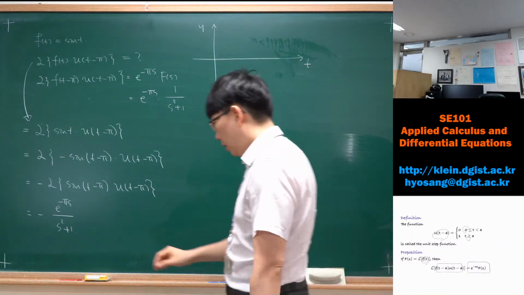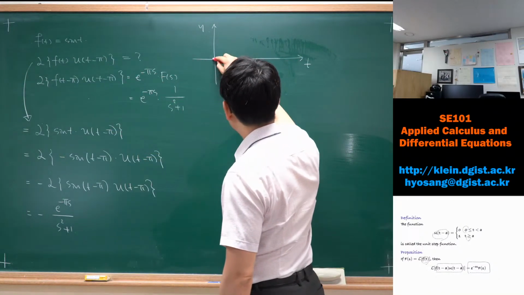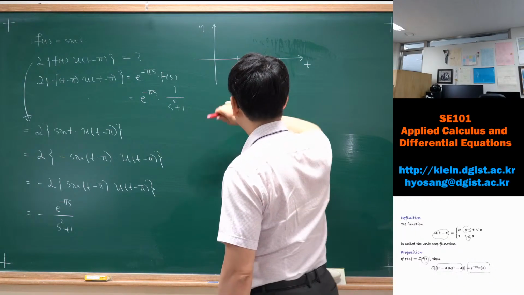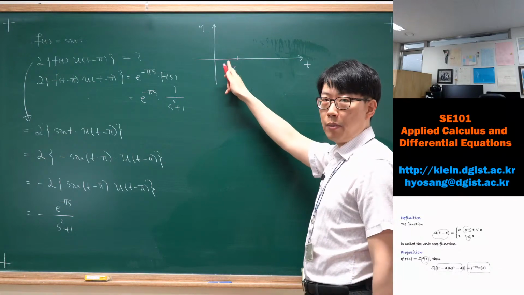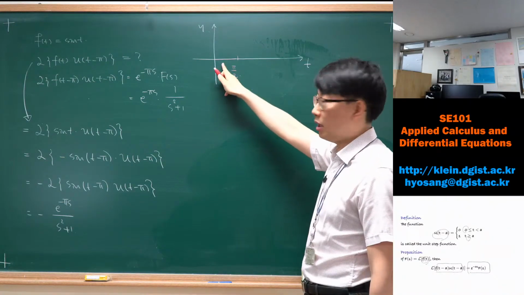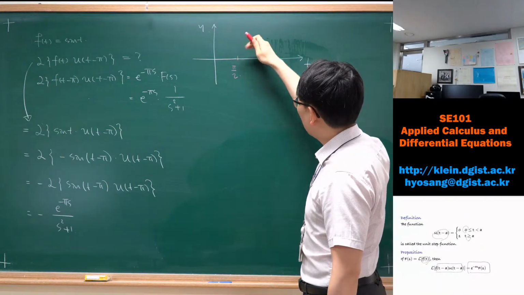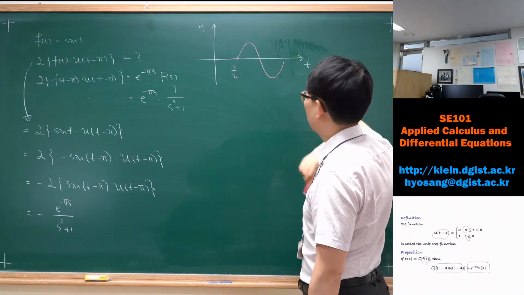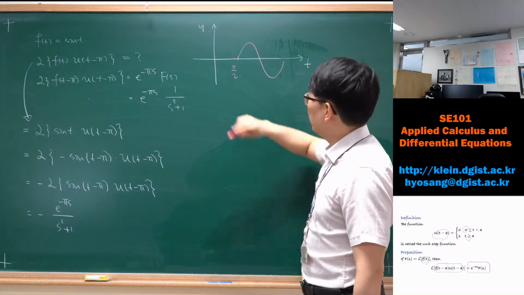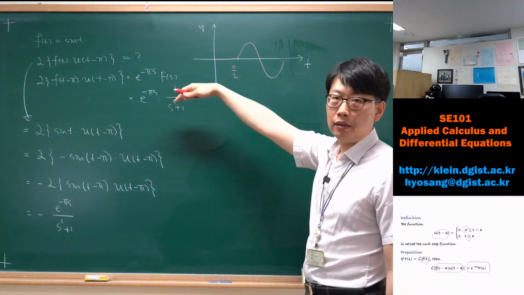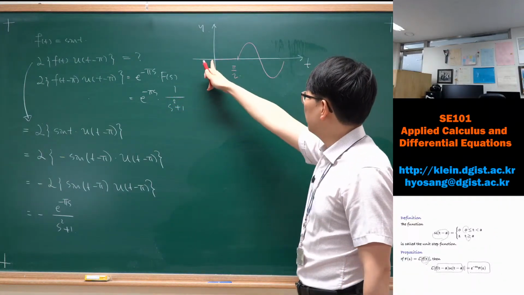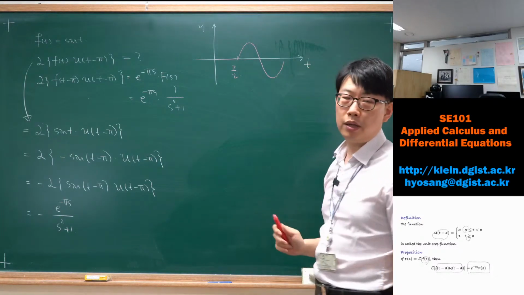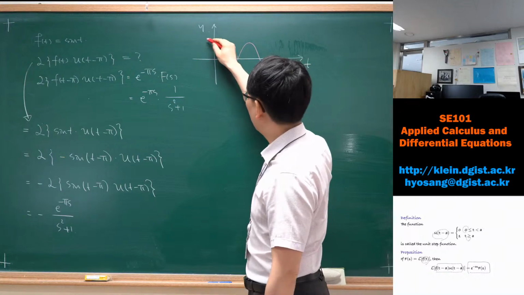Let's say I want to make my function 0, and then after waiting pi over 2 units of time, I want to make my function behave like a sine function. I don't care about when t is negative. When positive, it's 0 until t reaches pi over 2, and then it behaves like a sine function with amplitude 1.